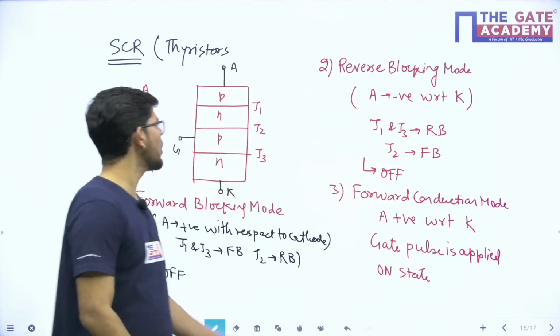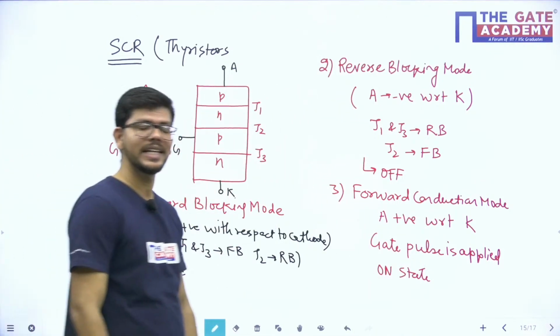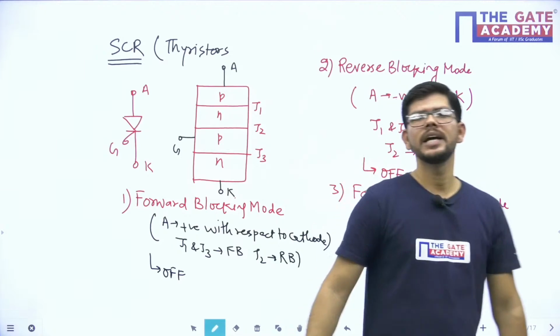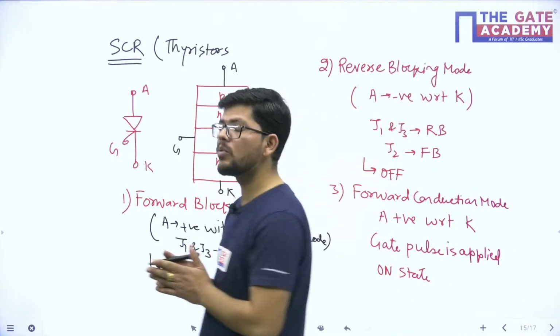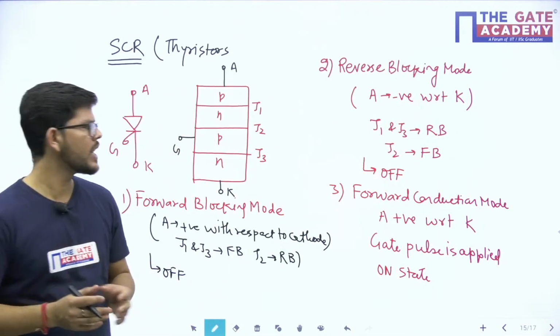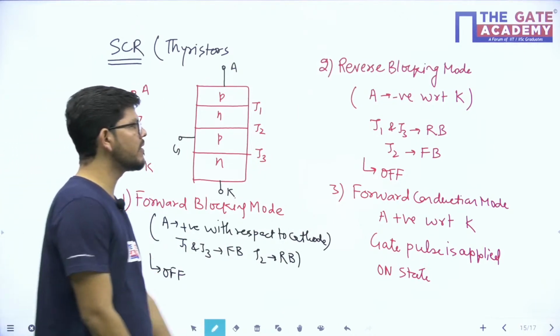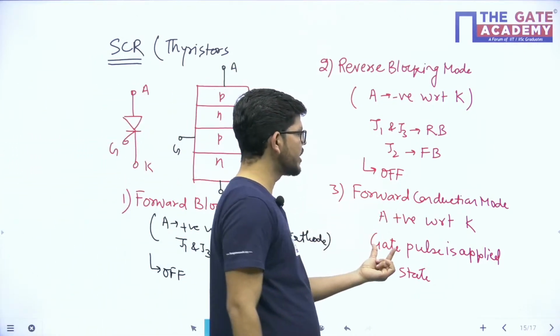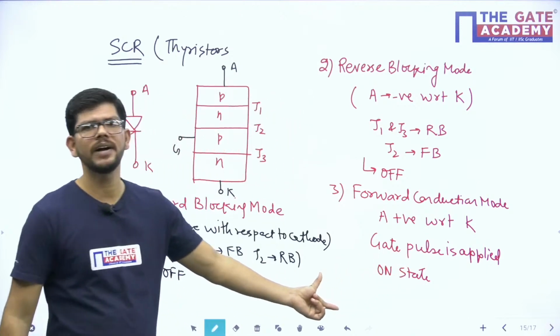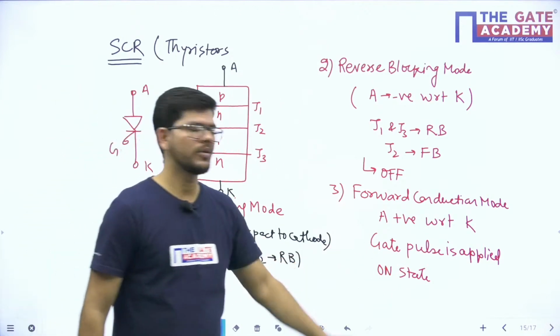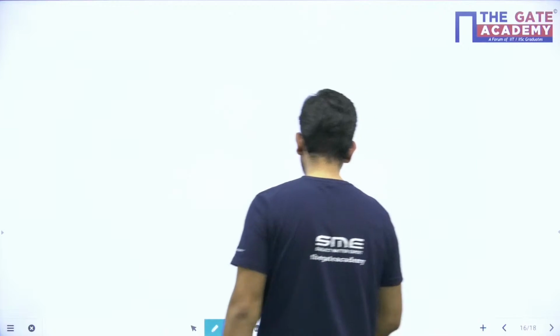So this is all about SCR. SCR is a 3-junction 4-layer device. It operates in 3 modes: forward blocking mode, forward conduction mode, and reverse blocking mode. When the device is in forward mode and you give a gate pulse, at that time the device will turn on. Now what is the VI characteristic of SCR?